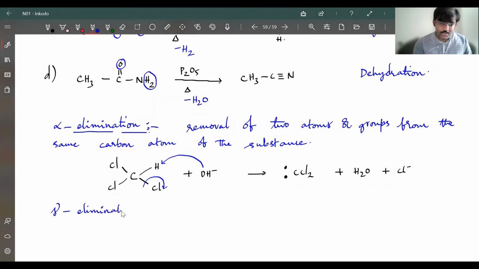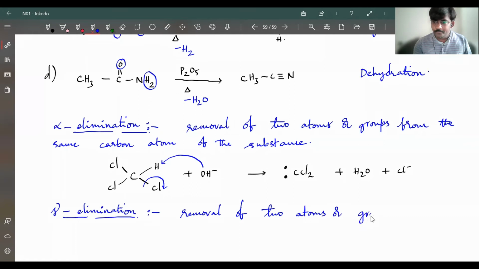That means we'll eliminate two atoms or groups from alpha and gamma positions. So here, removal of two atoms or groups from alpha and gamma positions.